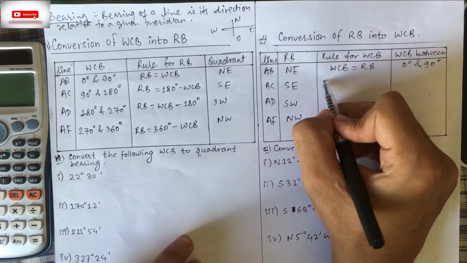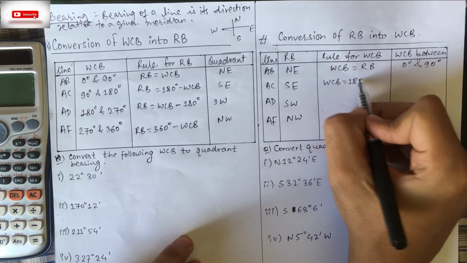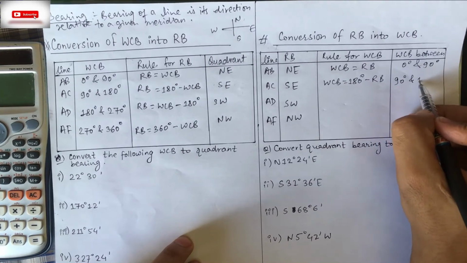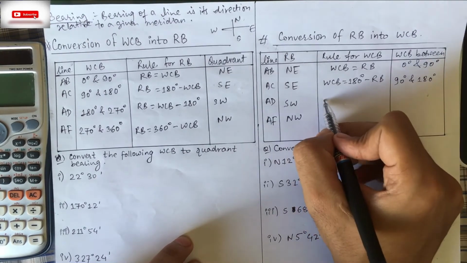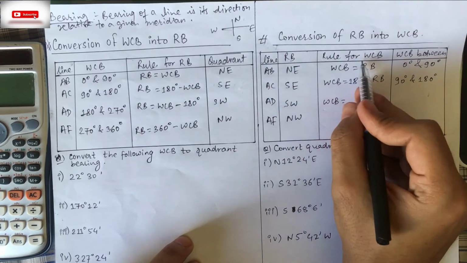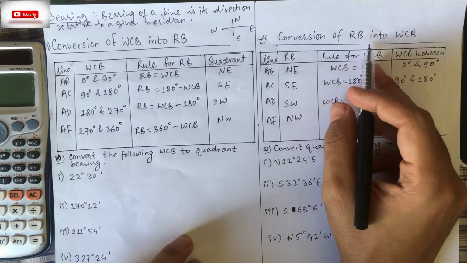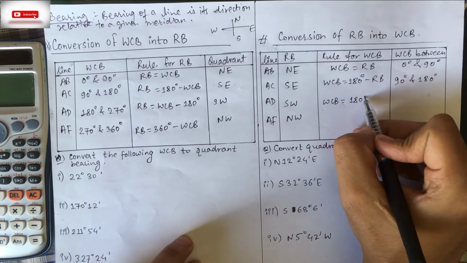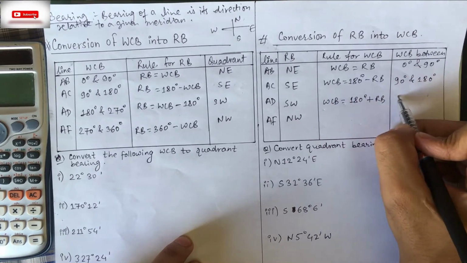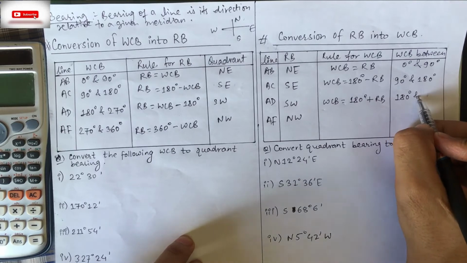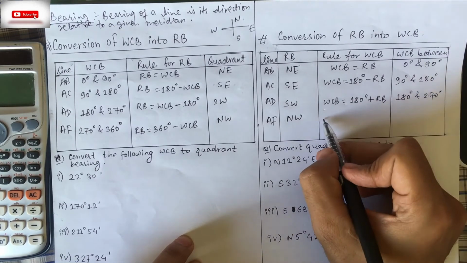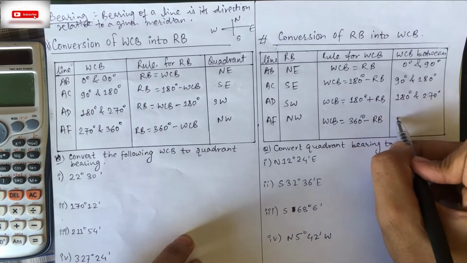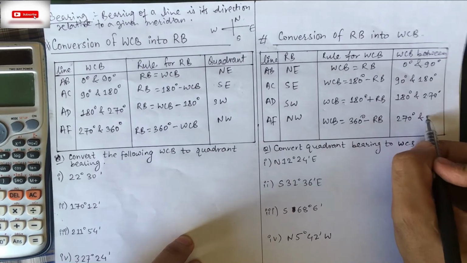Southeast, WCB is equal to 180 minus RB, this will be 90 degree and 180 degree. Now southwest, because we are converting RB into WCB, WCB will be 180 degree plus RB. It is 180 degree and 270 degree. Now northwest, WCB is equal to 360 minus RB. That will be 270 degree and 360.